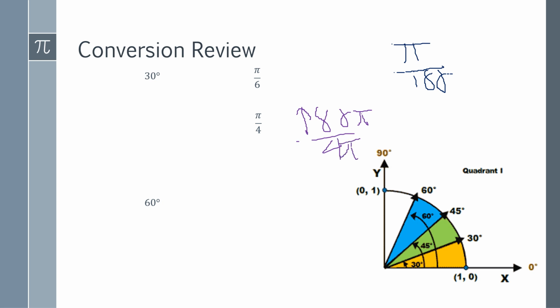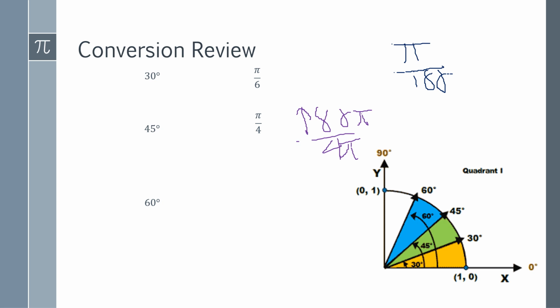That's part of the formula. Please look at your formula sheet if you do not have that down. We went over this before, so just do it. And 180 divided by 4, you get 45 degrees.